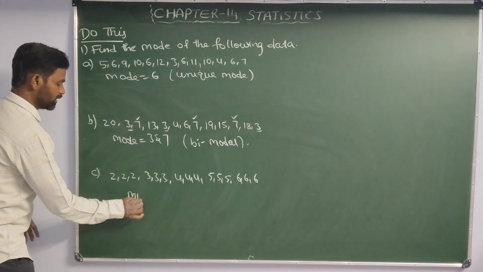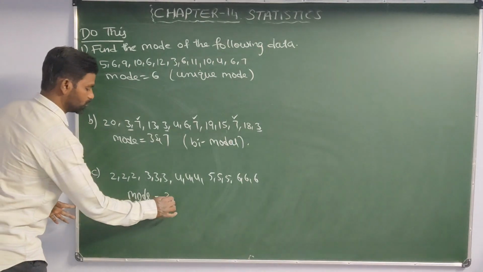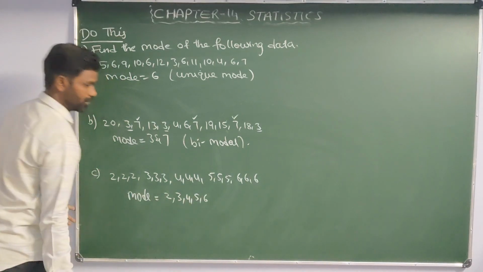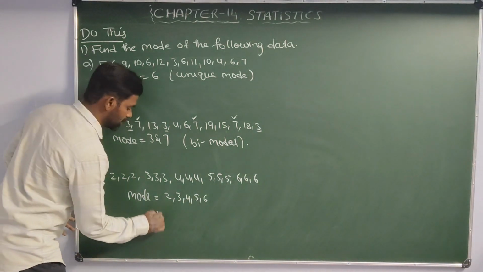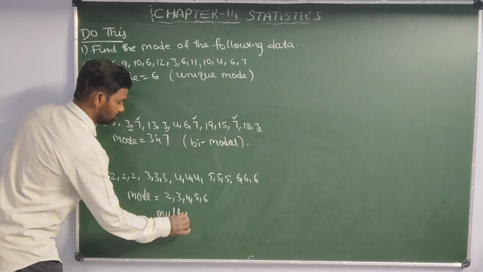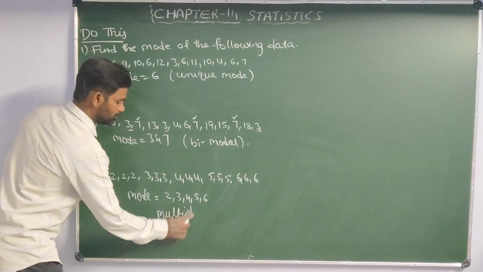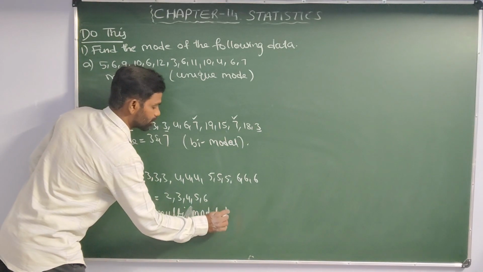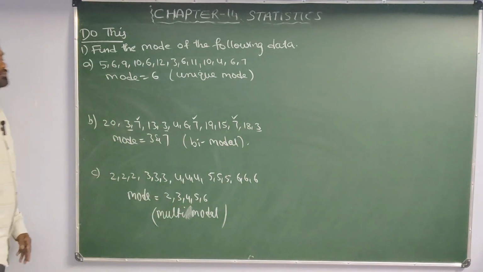Therefore, what is the mode here? Mode is equal to 2, 3, 4, 5, 6. So it is called multimodal data. That is the answer.